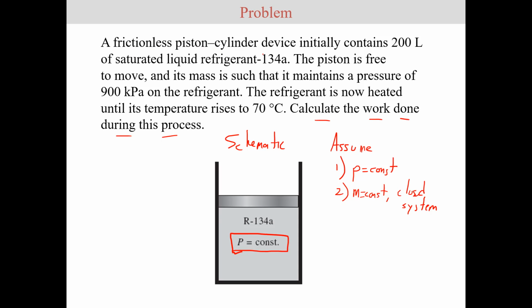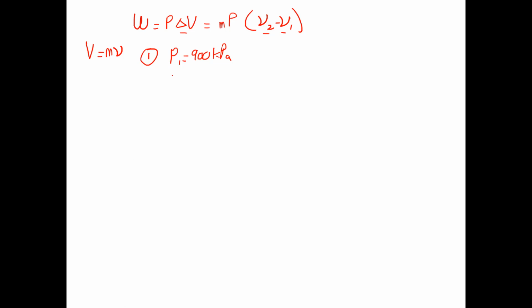A frictionless piston cylinder device initially contains 200 liters of saturated liquid refrigerant. Oh, it's telling me at the first state it is a saturated liquid. Since it is a saturated liquid, I know that my quality is 0 at state 1. It is a saturated state.